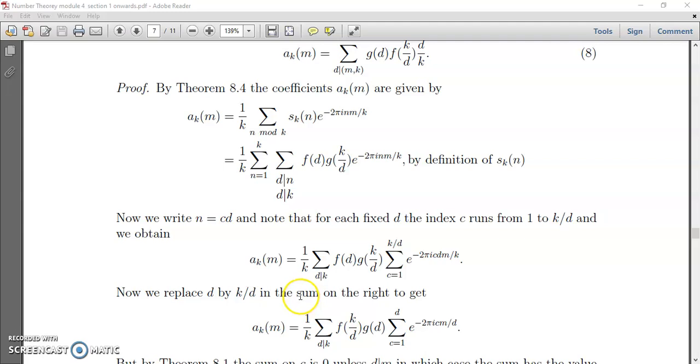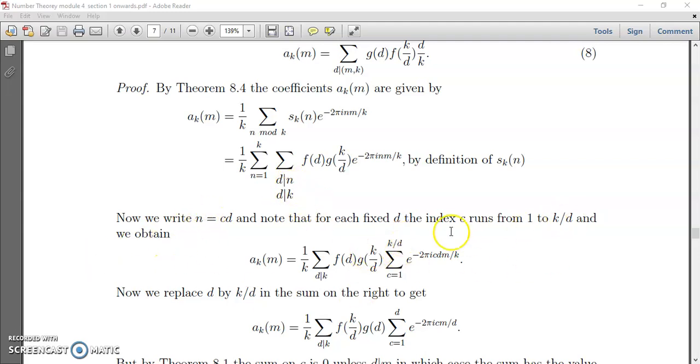If we replace n equal to cd, then this will be replaced by e raised to minus 2 pi i c d m by k, and when we remove d divides n from here, the remaining part we will have sigma c equal to 1 to k by d, because when n is equal to cd, then c is nothing but n by d, and n varies up to k.